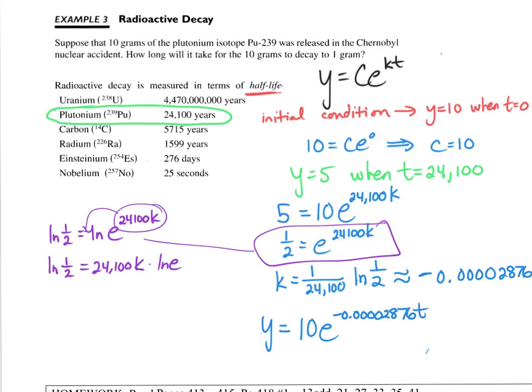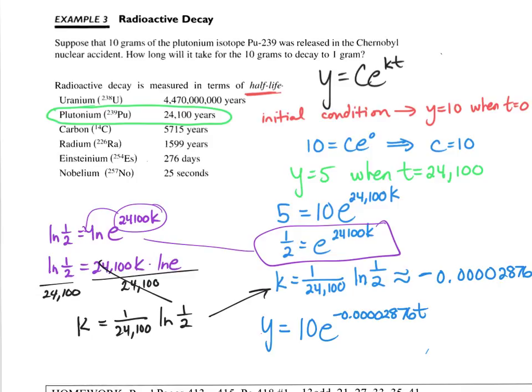So if I'm just solving for k, I could divide by 24,100, and I get k is equal to 1 over 24,100 ln of 1/2.